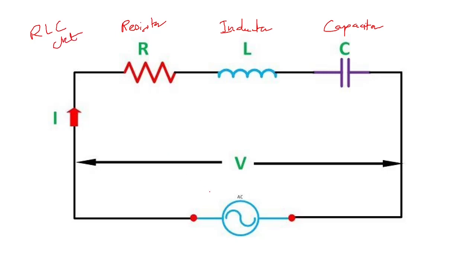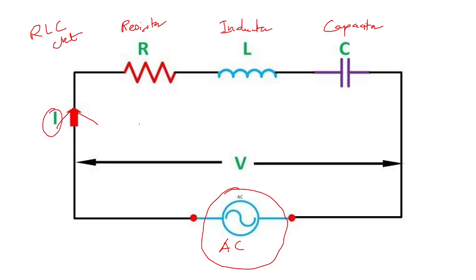To this RLC combination we have applied an alternating voltage whose frequency we can vary. Because we have applied this alternating quantity, a current I will be flowing in the circuit, as shown here.